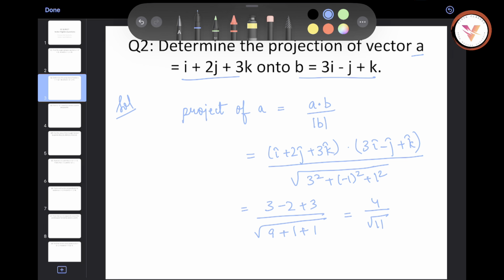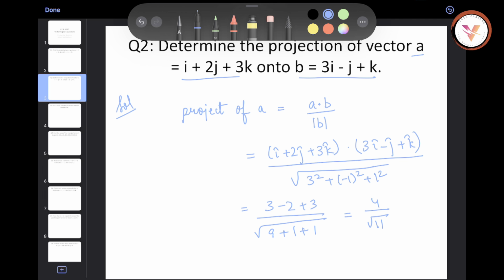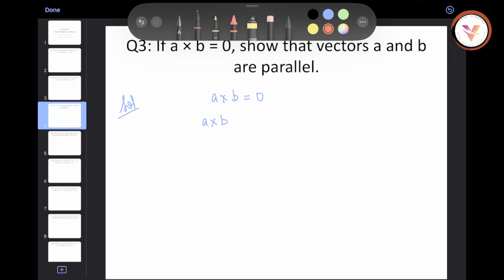Okay. The next is: if A cross B is equal to 0, then show that A and B are parallel. Now, if A cross B is 0, then A cross B can be written as magnitude of A, magnitude of B, sine theta, which is equal to 0.